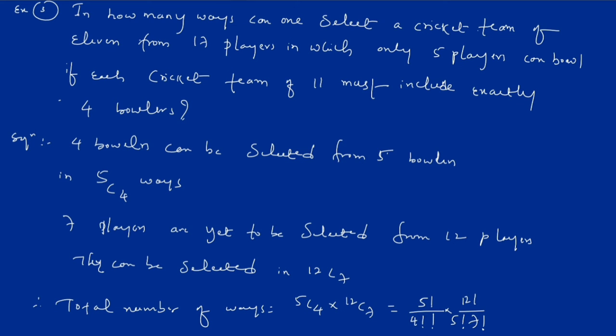We have just subtracted directly here: 5 minus 4 is 1 and 4 factorial, and 12 minus 7 is 5 factorial into 7 factorial, right? So after simplifying, what do we get here? 3960 is the required number of ways of selecting a cricket team of 11 players out of 17, in which 4 bowlers are included in that team.